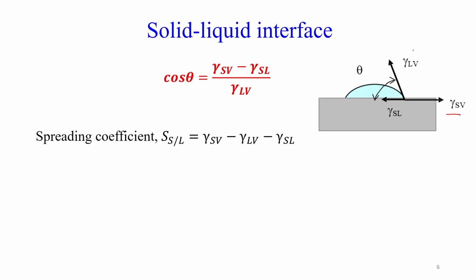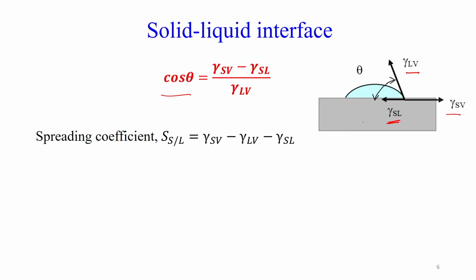So, the liquid is having the surface tension of gamma LV, and this is the interfacial tension between the solid and liquid, gamma SL, and the contact angle we can define using Young's equation, which says cos theta is equal to gamma SV minus gamma SL divided by gamma LV.